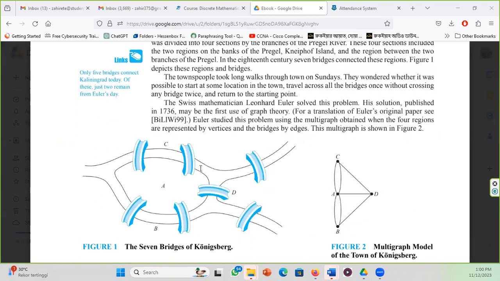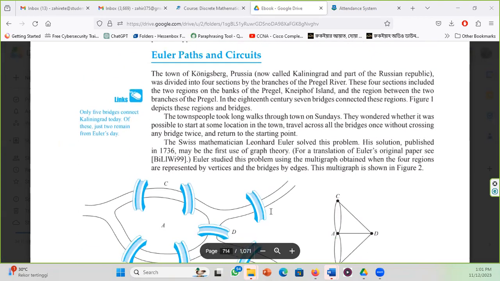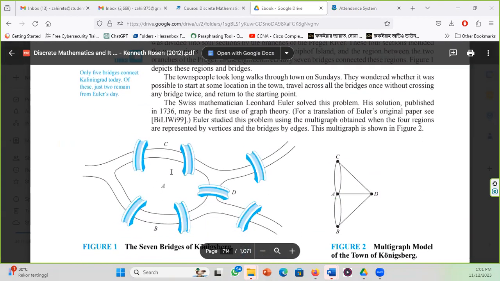For example, there is an area named Königsberg in Russia. There is a river and some paths, and you can see there are 1, 2, 3, 4, 5, 6, 7 bridges with this river.